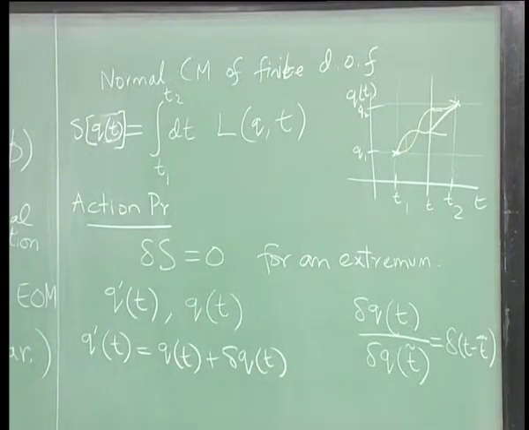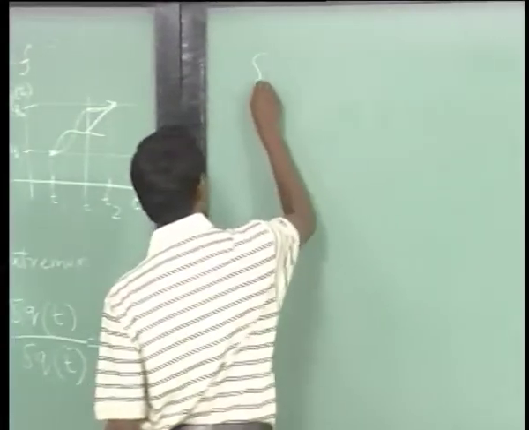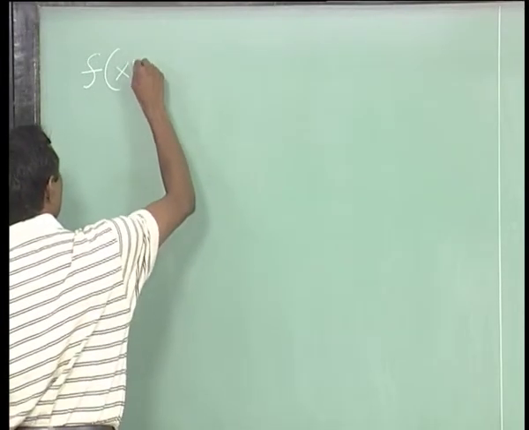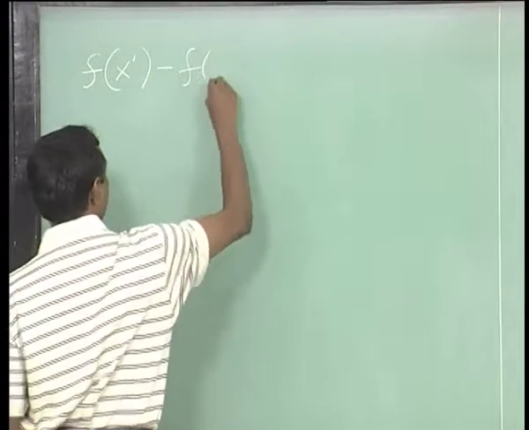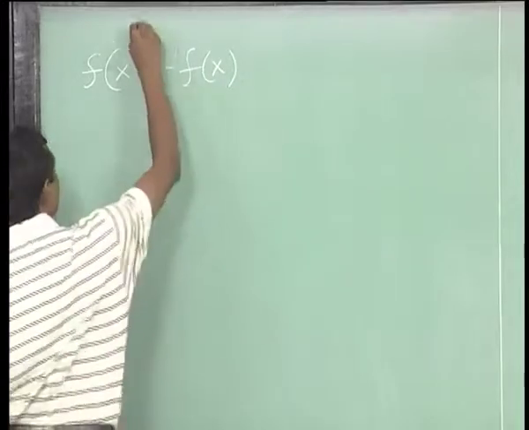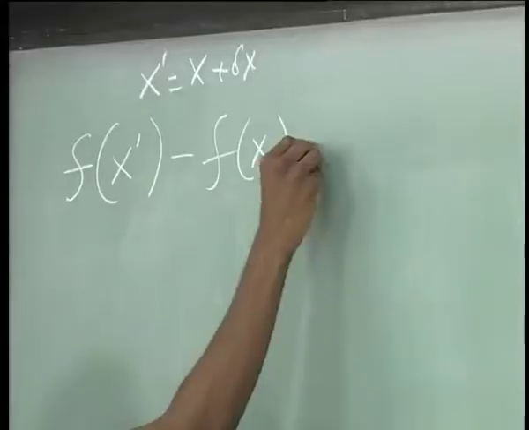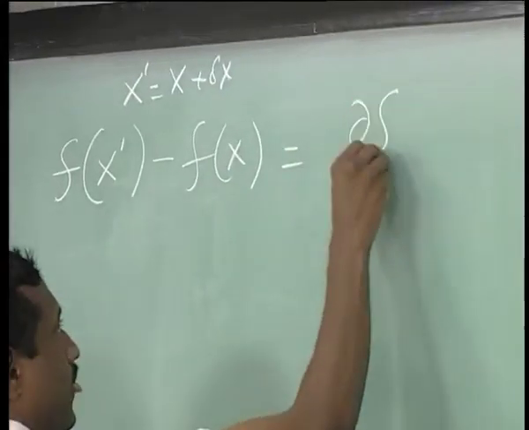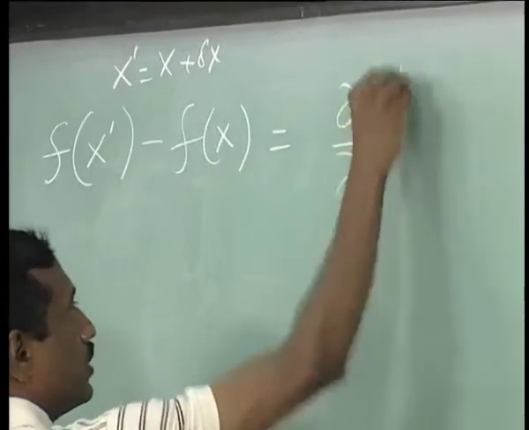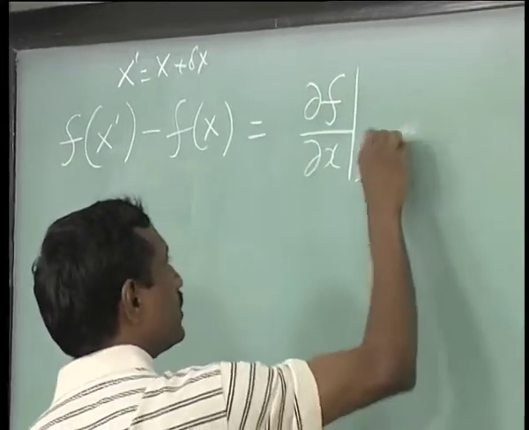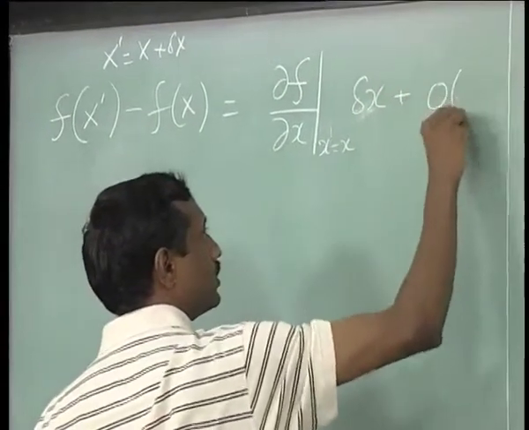Okay. So, now the question is, what did we do if we had a function? This is what we would have done, the analogous. We would write something like a Taylor series if you have two points. So, let us say f of x prime minus f of x. The analogous statement to this would be x prime equal to x plus delta x. So, we would write this as df/dx evaluated when x prime equal to x, times delta x, plus order delta x square.